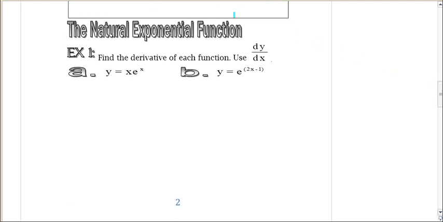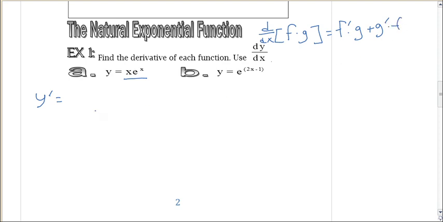Okay, example 1. Let me grab Mr. Blue. Just scanning it real quick, it looks like I have a product rule, meaning a function times a function. So y prime is equal to, now if you don't remember what the product rule was, basically if you have a function times a function and I'm taking the derivative, that makes the derivative of the first times the second function plus the derivative of the second function times the first.